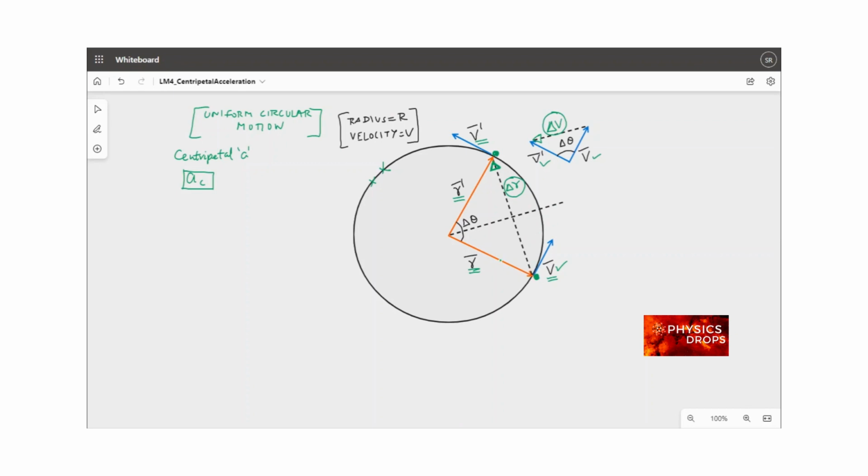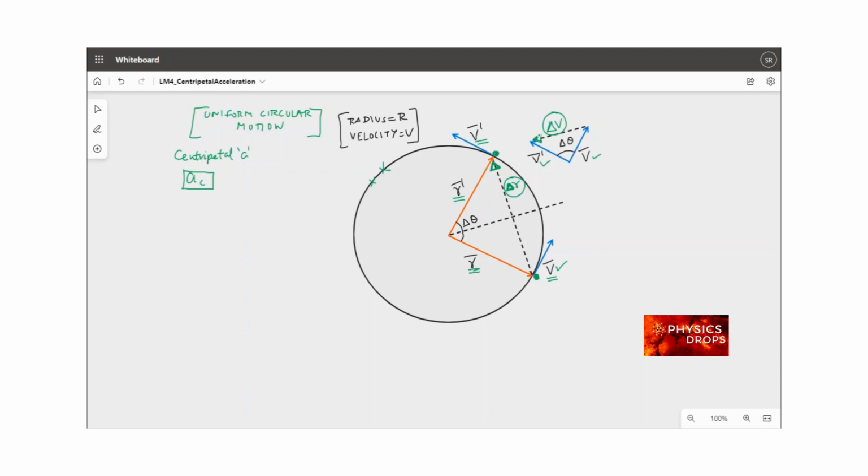Since v is perpendicular to r, the difference of the two v's will also be perpendicular to the difference of the two r's, because they are vectors. We know that delta r is this, so delta v has to be perpendicular to delta r.